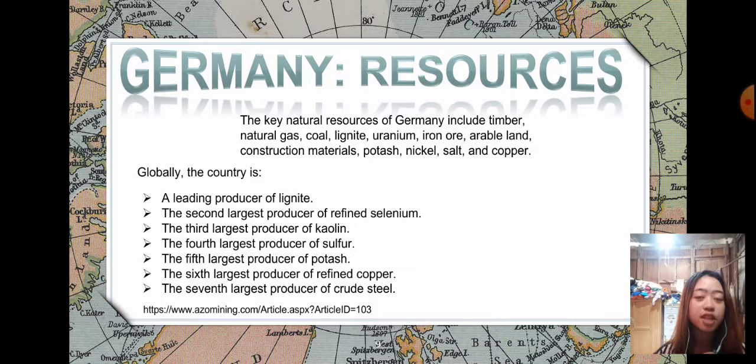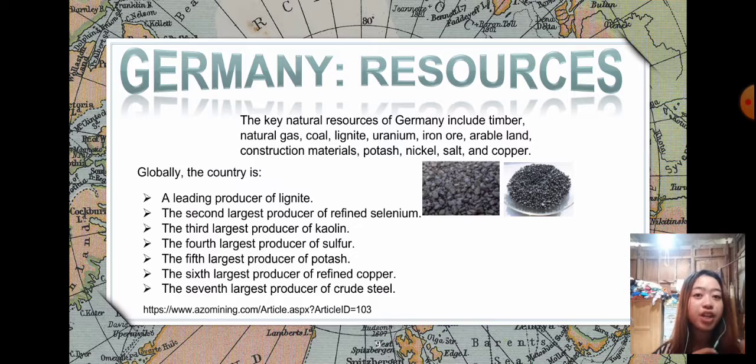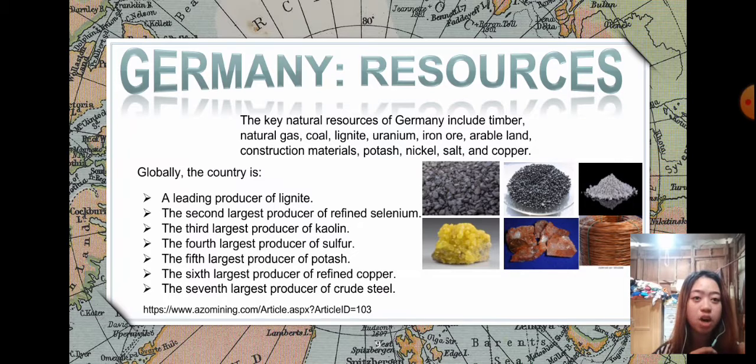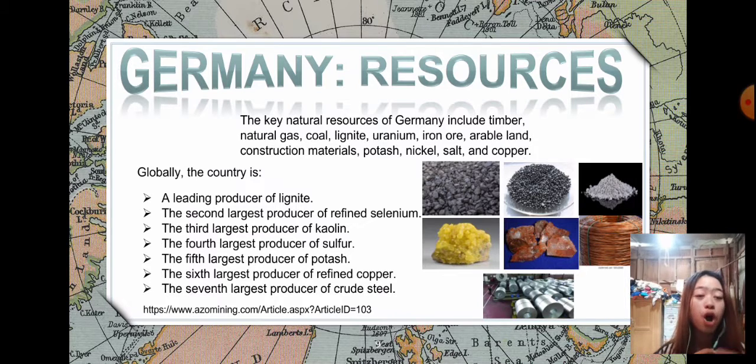Globally, Germany is a leading producer of lignite, the second largest producer of refined selenium, the third largest producer of kaolin, the third largest producer of sulfur, the fifth largest producer of potash, the sixth largest producer of refined copper, and the seventh largest producer of crude steel. So that is the main resources in Germany.